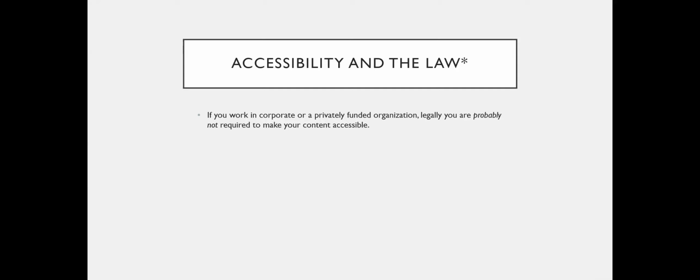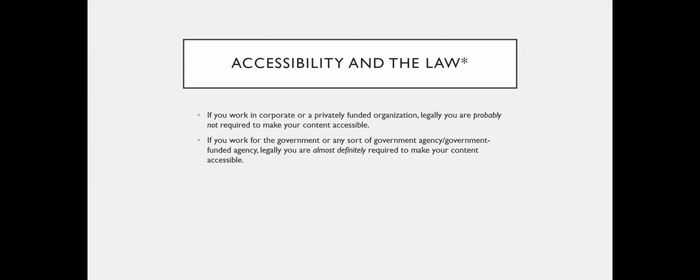So I was interested to learn back when I first got into accessibility, that legally, if you work in a privately funded organization, this is not like education, this is like you work at a technology company or something, and maybe you're teaching or doing training in that company, you're probably not required to make your content accessible, which I thought was really interesting because, again, 1 in 4 Americans has a disability. 1 in 4 employees at any given company is probably going to have a disability. If you work for any sort of publicly funded agency, legally, you're almost definitely required to make your content accessible. But my little asterisk here, I'm not a lawyer, so please always check with your leadership for accessibility requirements in your organization.